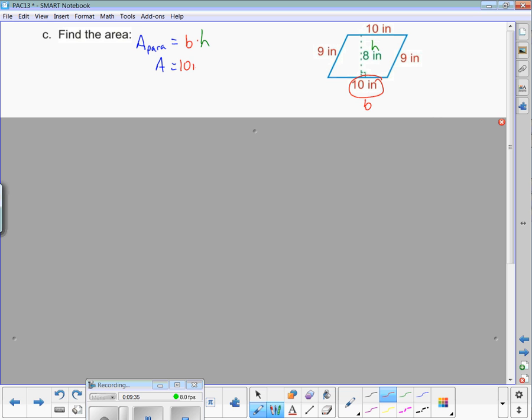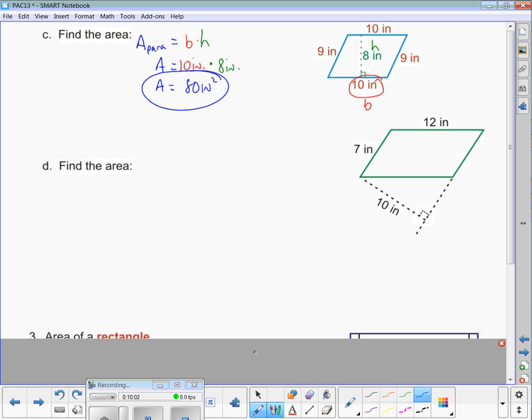And notice, I've told you guys this before, I always include my units, 10 inches. What's my height? 8 inches. And again, I include my units. So where do we end up? 10 times 8 is 80. What's inches times inches? Inches squared. And the area of our parallelogram is 80 inches squared.